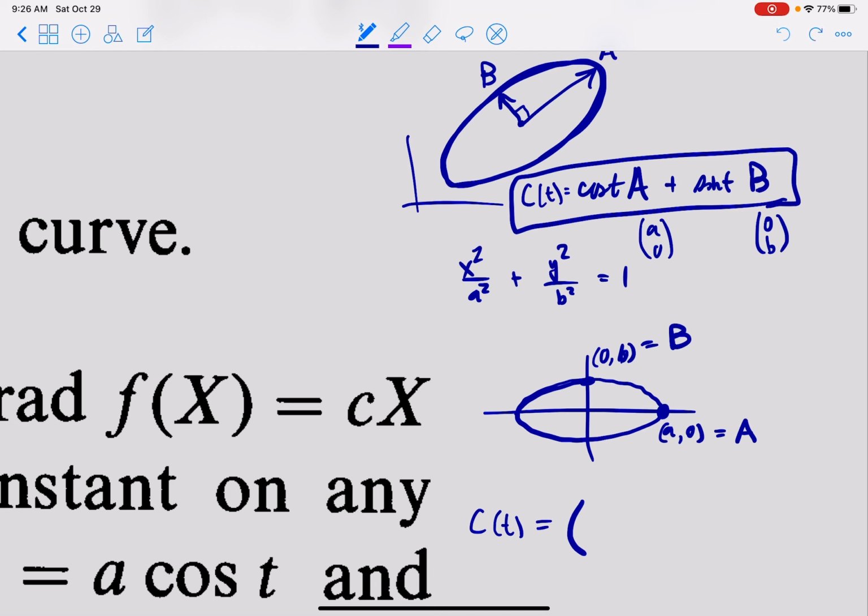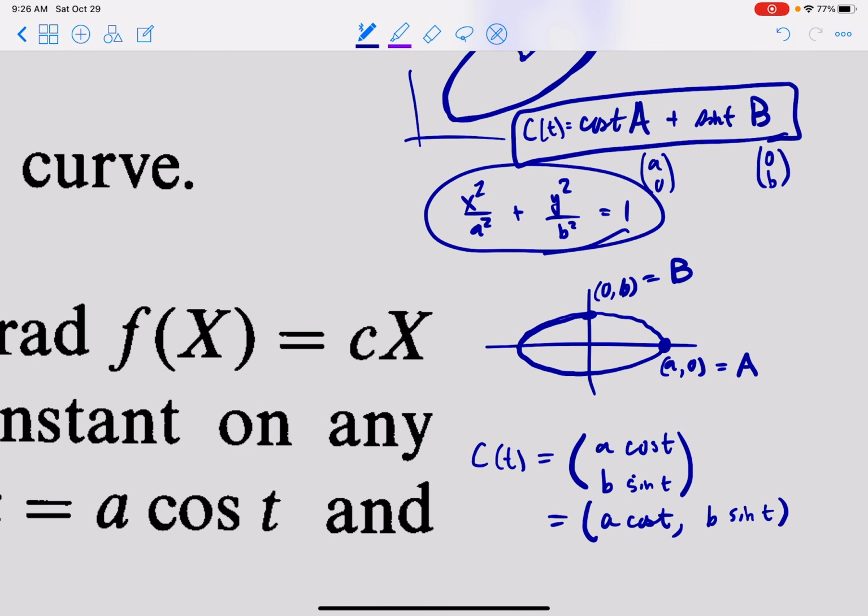The top number will be cos t times little a plus 0 times sine t, so a cos t. And the bottom number, I think you can check, is b sine t. We can write that as a column, or with commas. It doesn't matter.